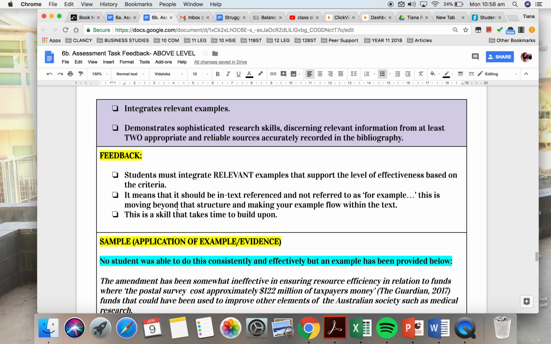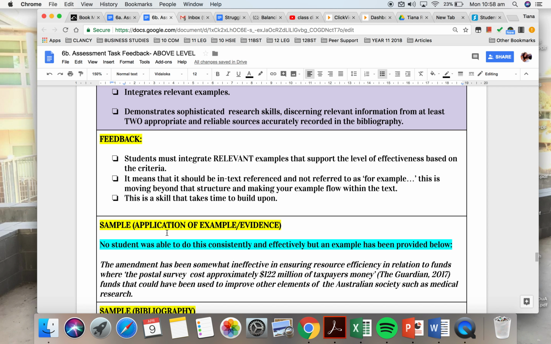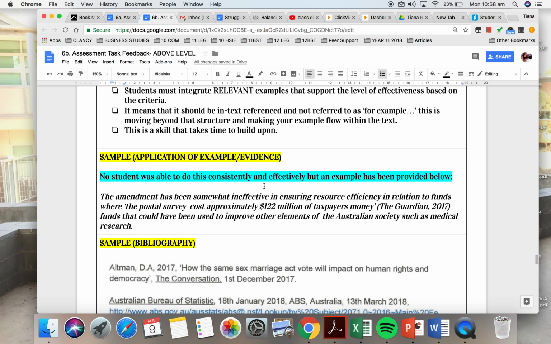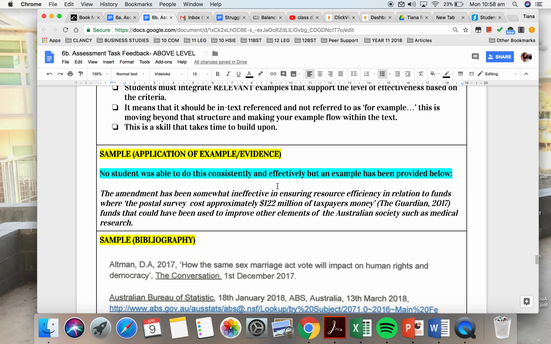In the HSC, we want to see integrated examples. So this is moving beyond that structure of 'for example' and making your example flow within the text. This is a skill that takes time to build upon. Now, there was no student that was able to do this consistently and effectively, but I provided an example for you using the student's response above that you had just recently read.